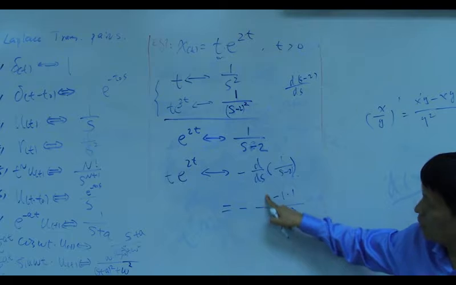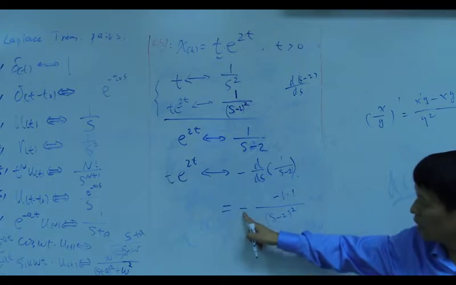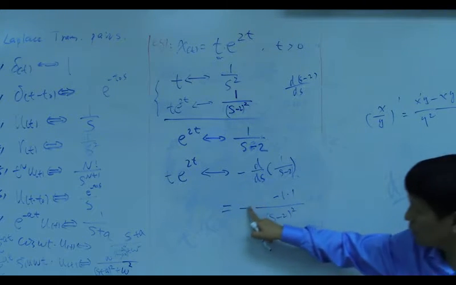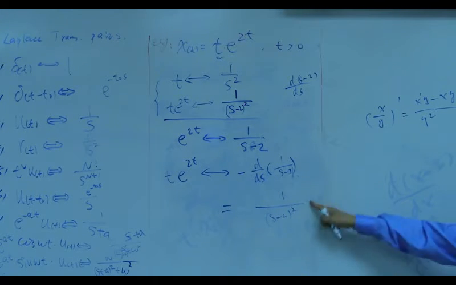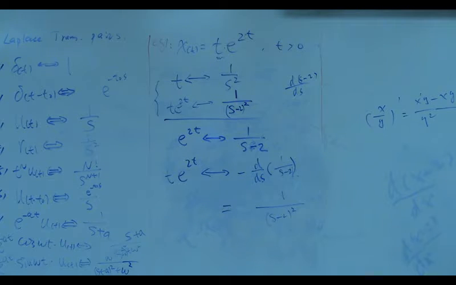Now, this is 0. We don't need that. Negative 1 here, negative 1 here. So that's positive. On top, 1 times 1, that equals 1. Same thing, so you can use both methods to get the same result.